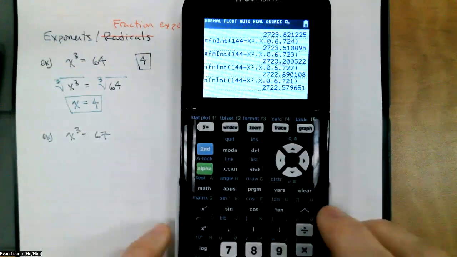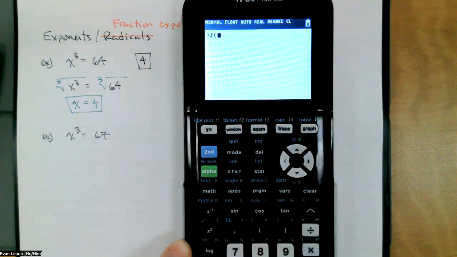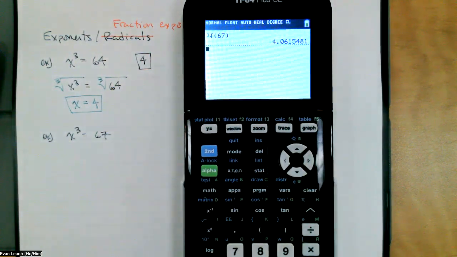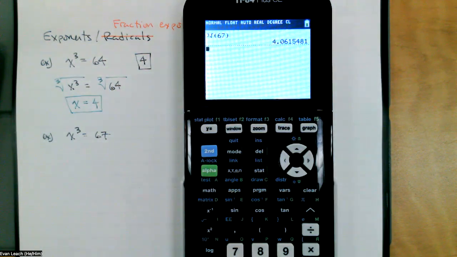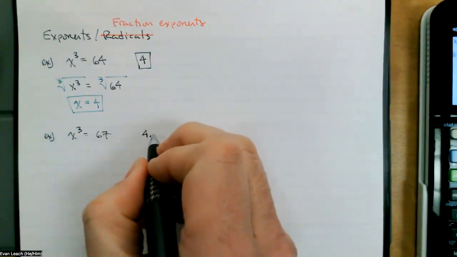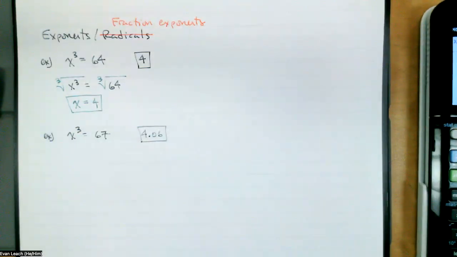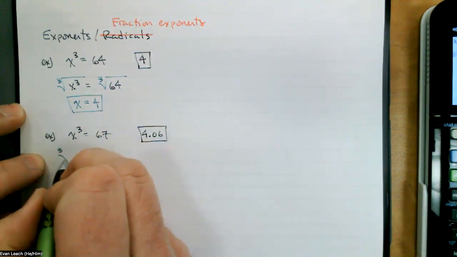Let's find the cube root of 67. 4.061. Then I'll say, round it to the nearest unit. They go, that's what I said with the 4. I'm just kidding. I'll say round to the nearest hundredth, let's say, 4.06. So we will want to recognize the inverse operation so that we could do a cube root of both sides.